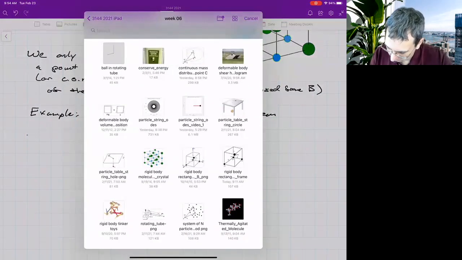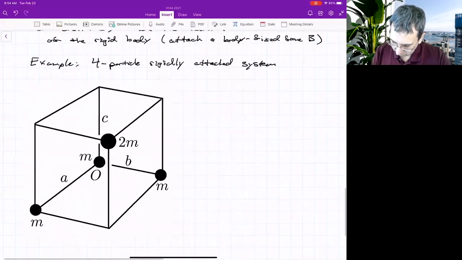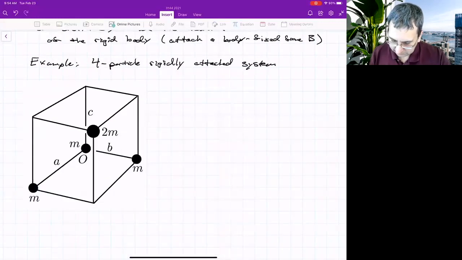Here it is. So we've got 4 particles here, and 3 of them are mass m. One of them is mass 2m, and they're connected in such a way that they're at some of the corners of a parallelepiped, like shown here.